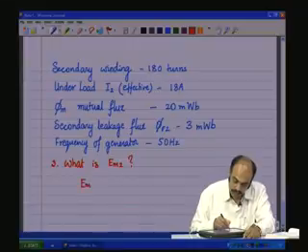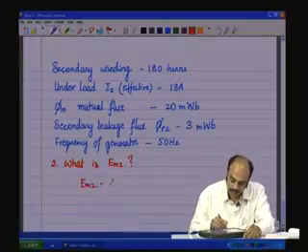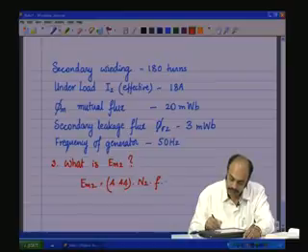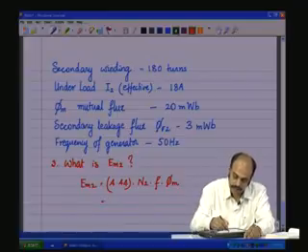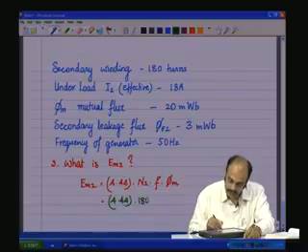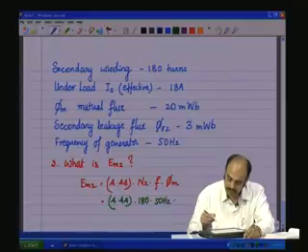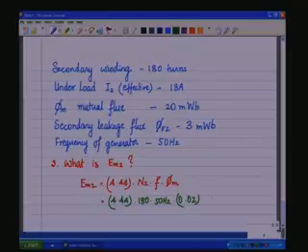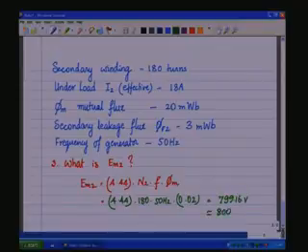So, EM2 is equal to 4.44 into N2 into F into phi m, and this is 4.44 into 180 turns into 50 hertz into phi m, which is 20 milliwebers, 0.02 webers, and this is 799.16 volts or approximately 800 volts.